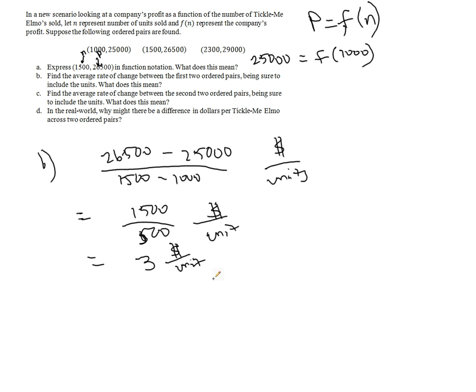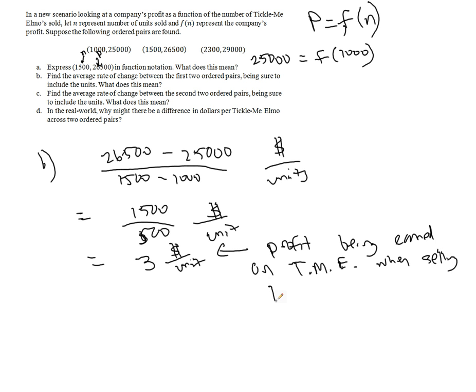So that tells us how much profit is being earned on Tickle Me Elmos when selling between, in this case, 1,000 and 1,500 units. So that's your profit, dollars per unit, only when you're selling between 1,000 and 1,500 units.